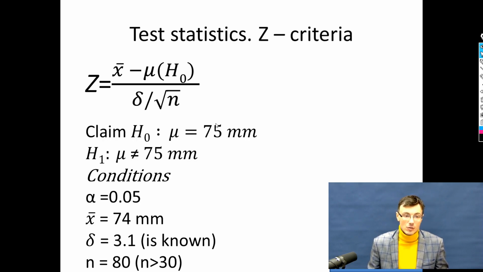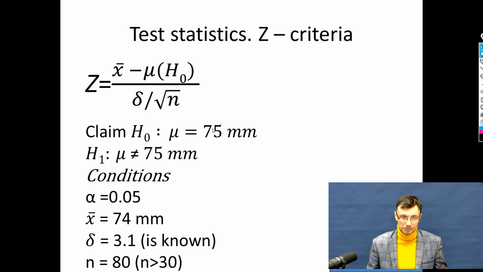Let's go to one of our examples. We have a claim that something is on average equal to 75 millimeters, and the alternative hypothesis is that it is not so, and our level of significance is 5%.